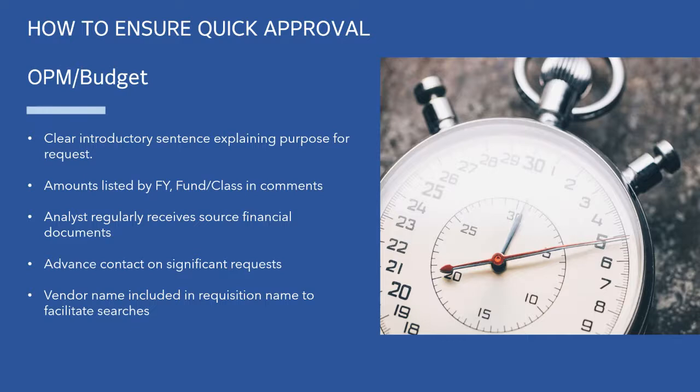First point I would make is that it helps greatly to have a clear introductory sentence that explains why you are asking for the requisition to be approved, up at the very top of the entry, when the analyst first opens the item. When this is lacking, which is often the case, extra time may have to be taken to review the POS details tab and or conduct other research to clarify the purpose for the requisition.